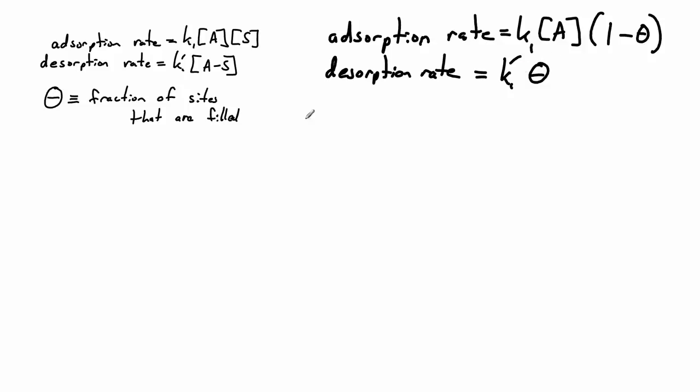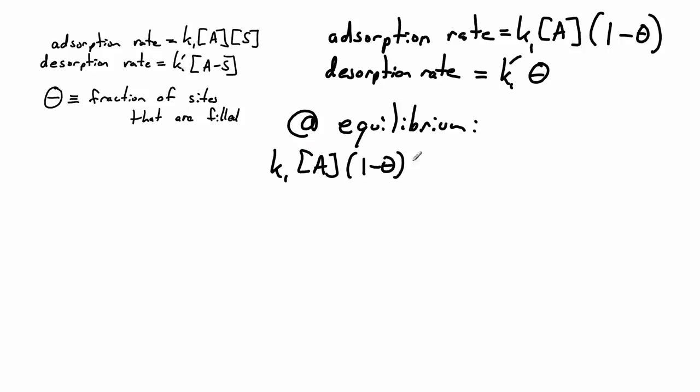All right, now we have to remember that at equilibrium, what's going to be the relationship between those two rates? Well, at equilibrium, the off rate and the on rate have to be the same because there's no net change. So at equilibrium, we can write K1 concentration of A times 1 minus theta is equal to K1 prime times theta.